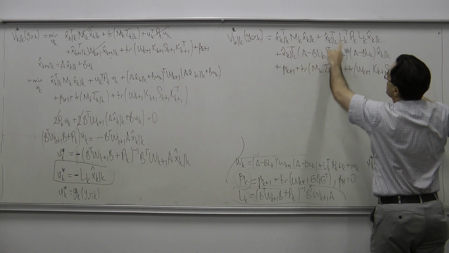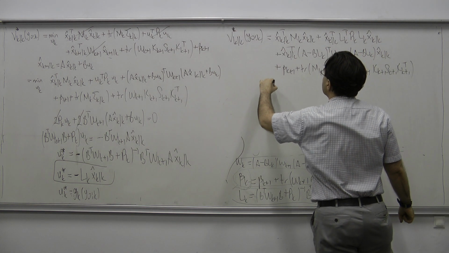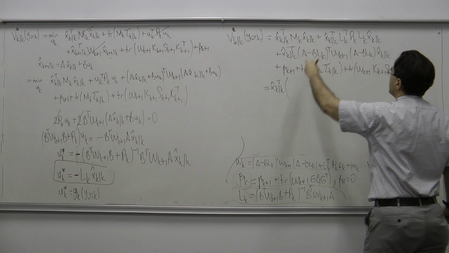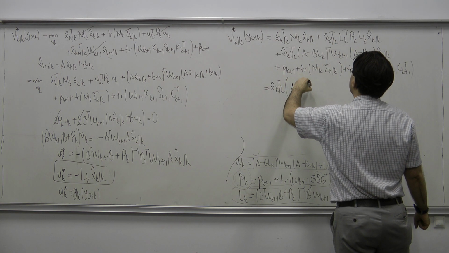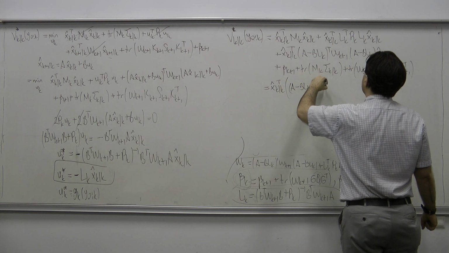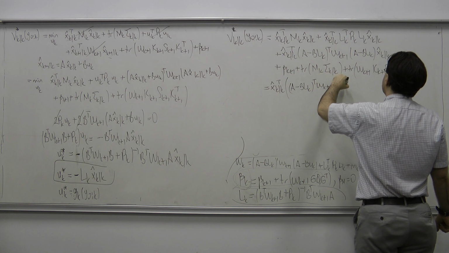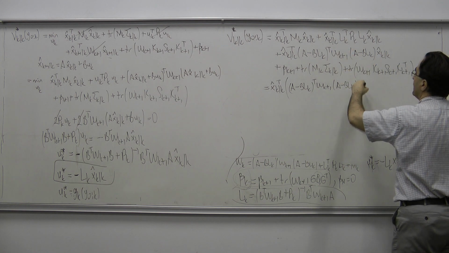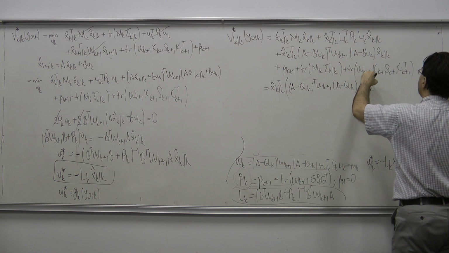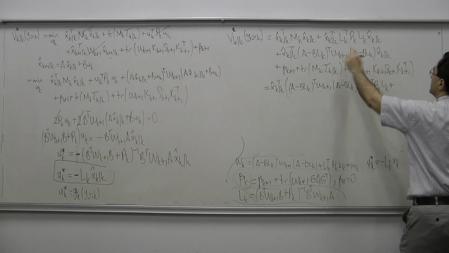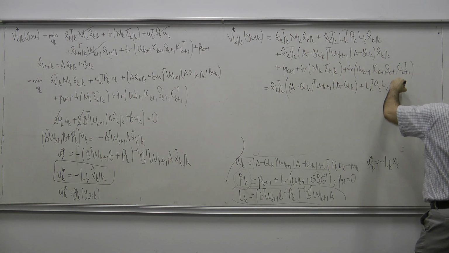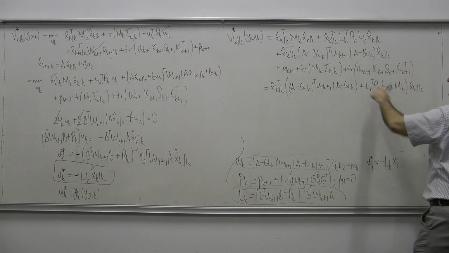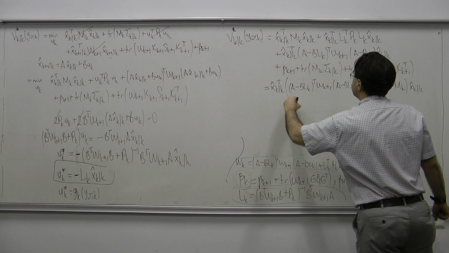So I can combine the matrices in the middle here. X at k given k transpose, I would first take this term, A minus B Lk transpose, Wk plus 1, A minus B Lk, and I have plus Lk transpose Pk Lk plus Mk.